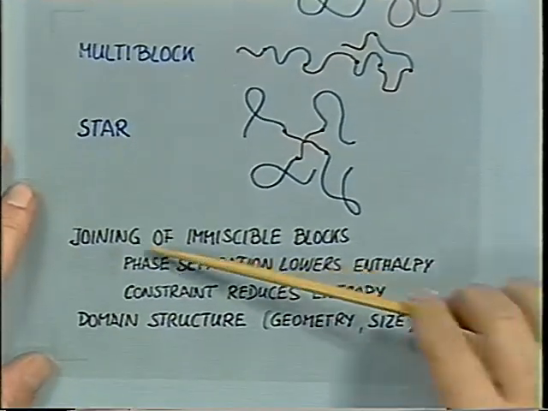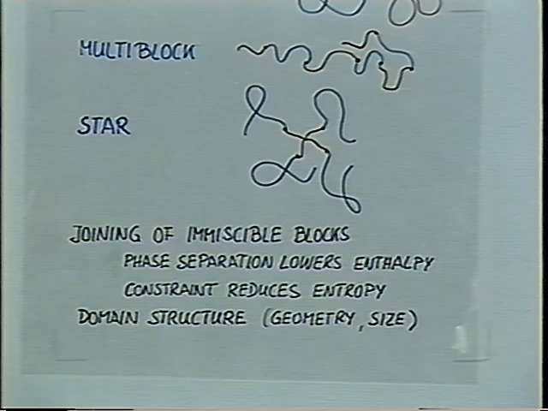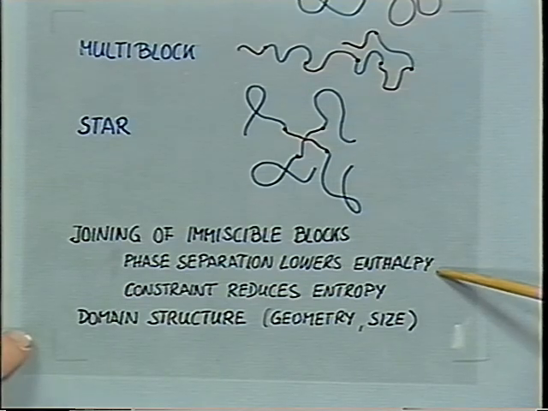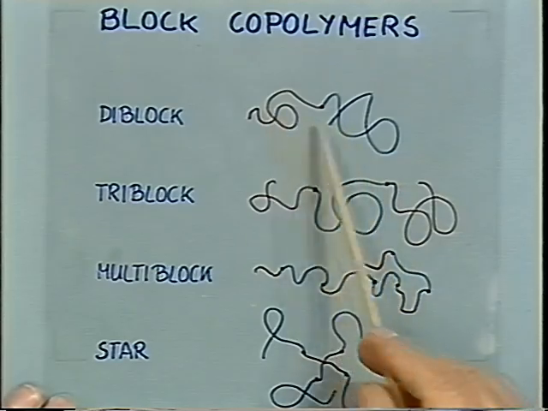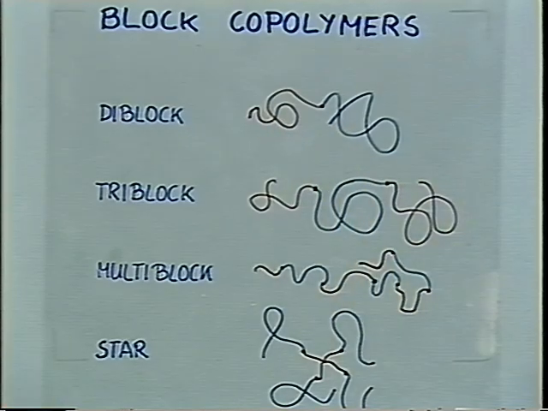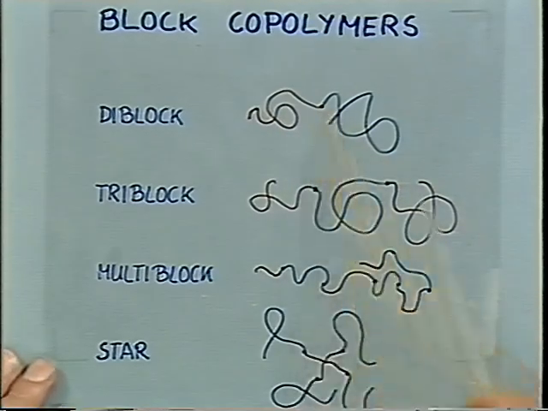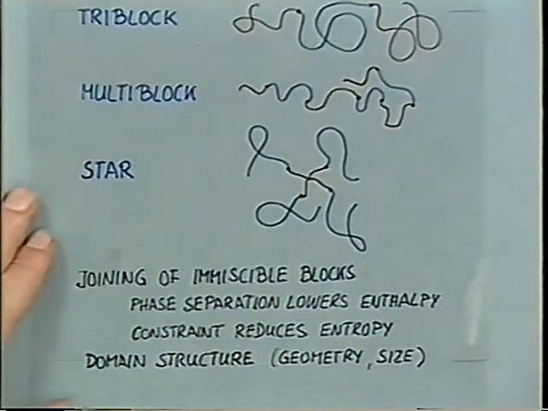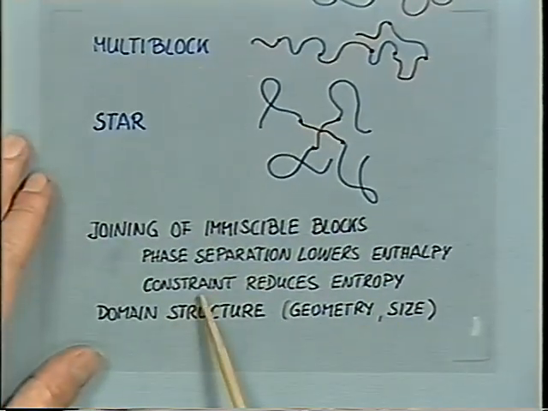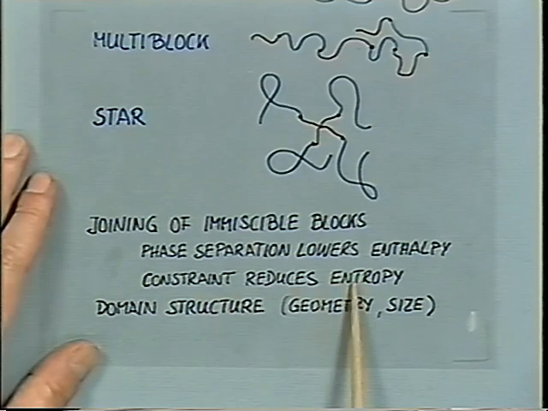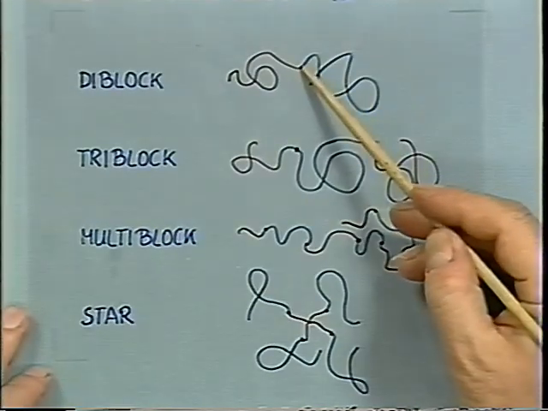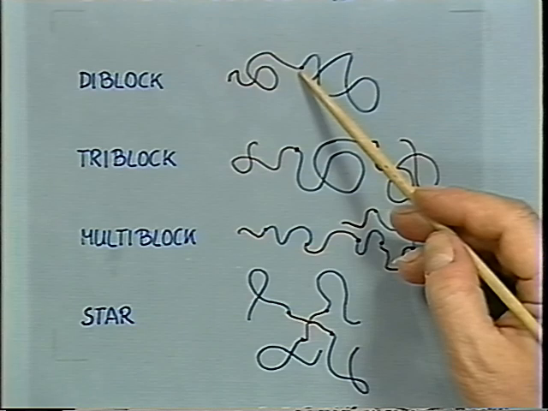The joining of those two immiscible blocks thermodynamically leads to some phase separation effects driven by the enthalpy. When the blocks are separate, somehow energetically we have a lower internal energy, so that's favored energetically. However, the motion of the molecules is somewhat hindered by a link in between the molecules, so we are sacrificing entropy.